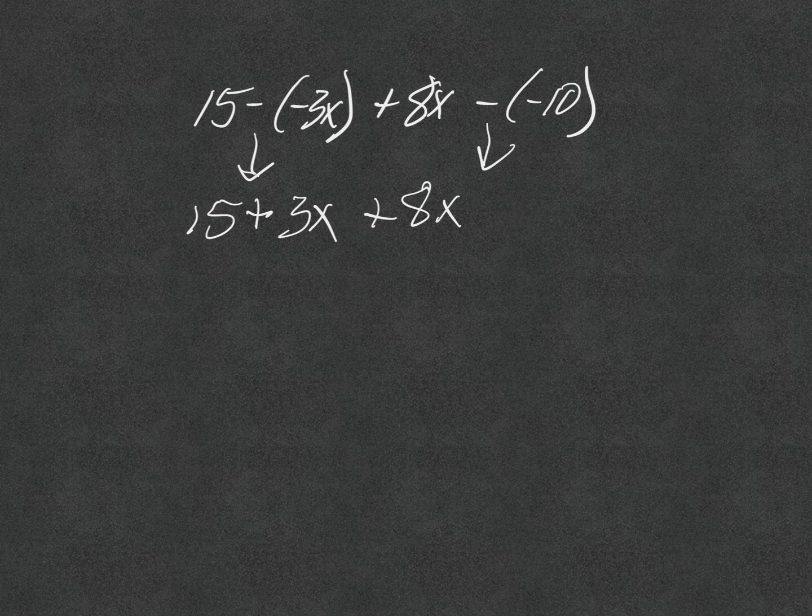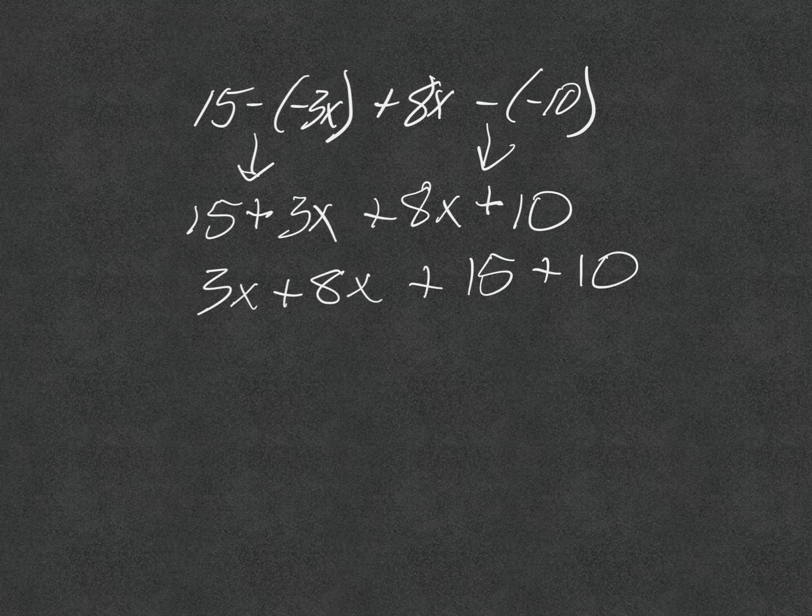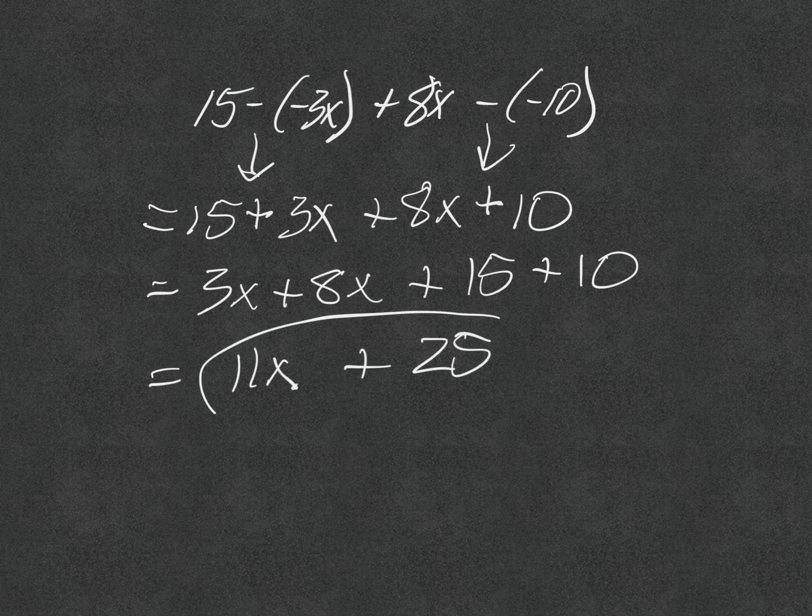And then this subtraction becomes add the opposite of -10, which is 10. So now I can collect like terms. So 3x plus 8x plus 15 plus 10. And that then becomes 11x plus 25. And I'm done. Okay? So that's essentially your lessons in your textbooks, 1.5 and 1.6.